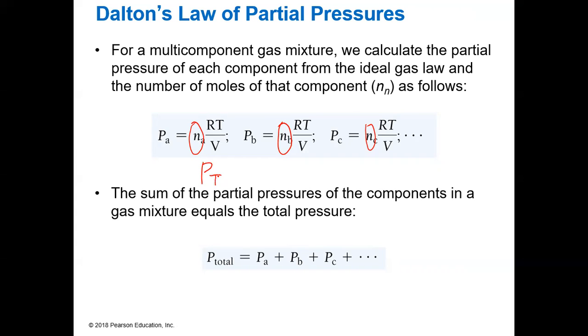Basically, if I wanted to calculate my total pressure, you'll notice down here that you just add up your partial pressures. But what if I don't know them and I would have to calculate them?